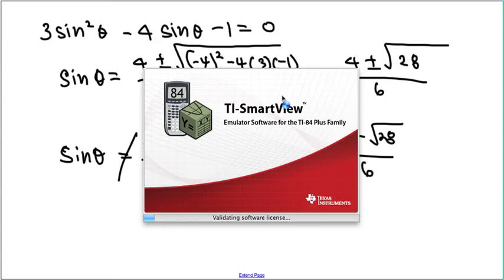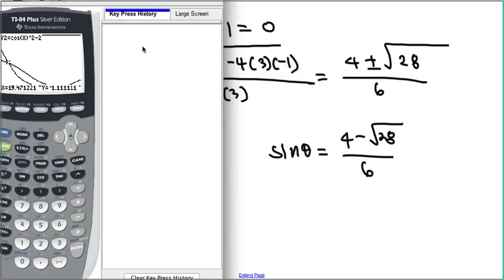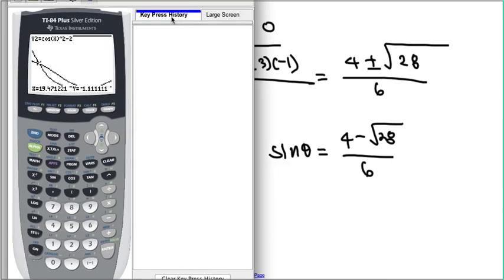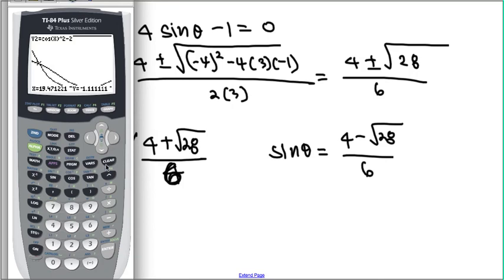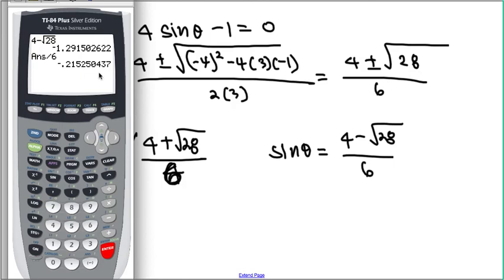So we're going to put this into the calculator: 4 minus the square root of 28. Let's calculate this first. Then we divide that value by 6. So we end up getting this value.